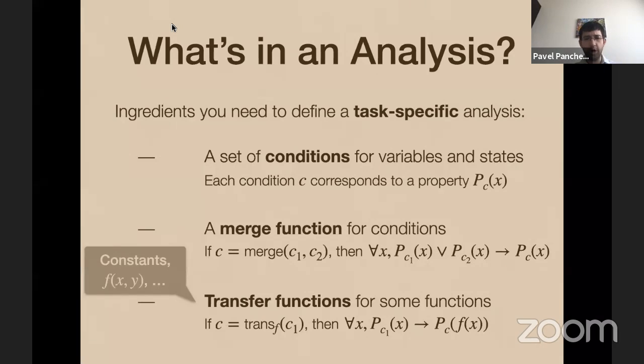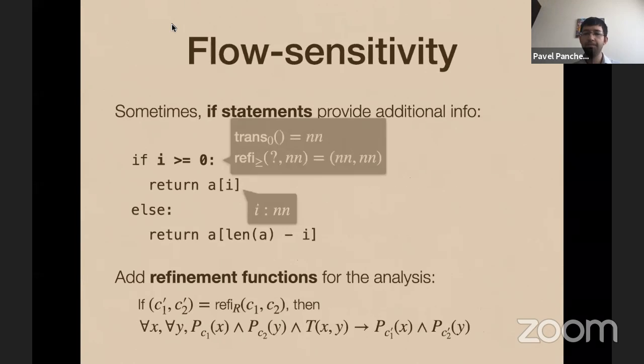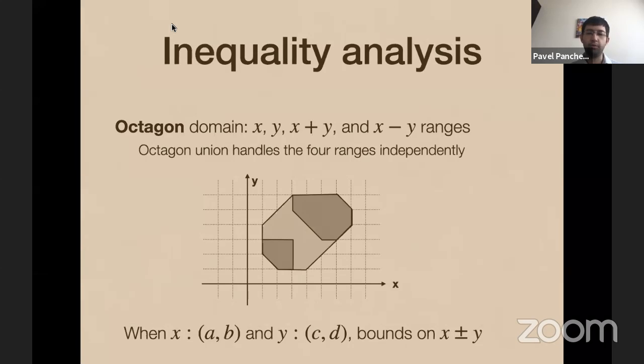So we talked about having a fixed set of conditions that describe program variables and states, and how we're going to merge them and then transfer those states across function calls. We talked about how to deal with control flow using refinement functions in one of these analyses. And we talked about some interesting types of conditions like this octagon domain that we discussed.